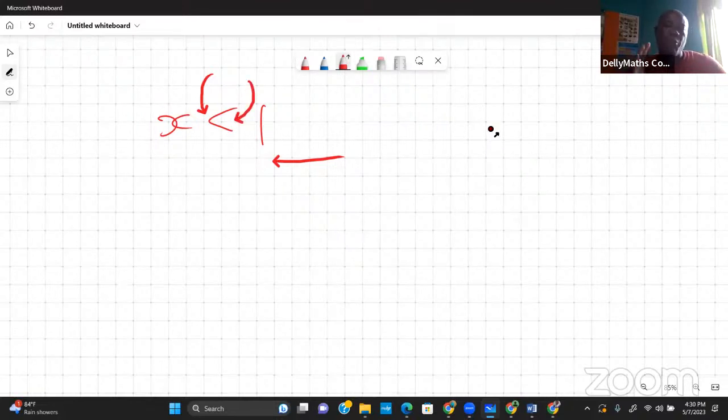So if you're reading it from where it opens to you, you say greater than. But if you're reading it from where it closes down and points towards you, you say less than. So you can read the one symbol from two sides. But when you read it from where the variable is, you get a clearer understanding of the direction you want to take. But you can read it from any side.